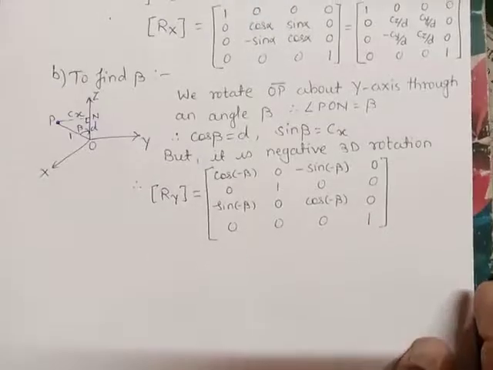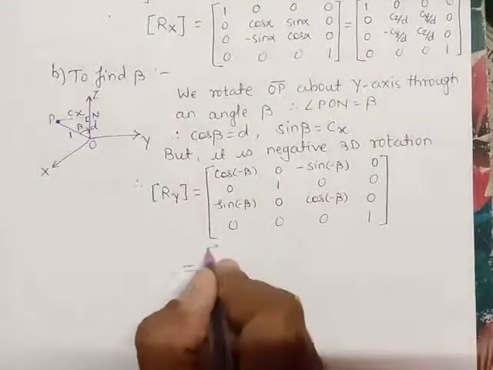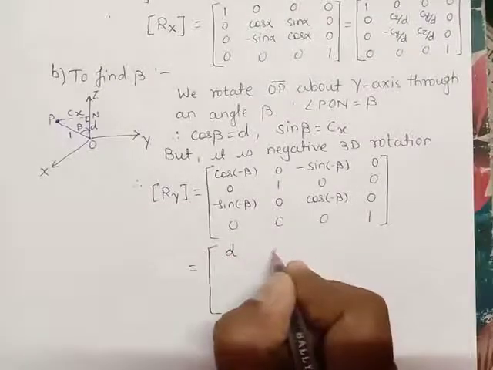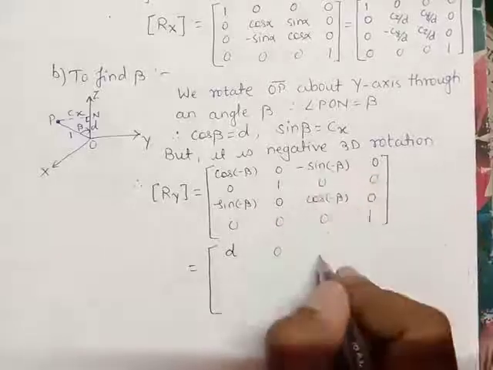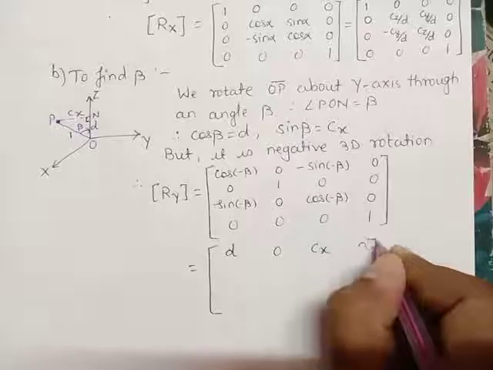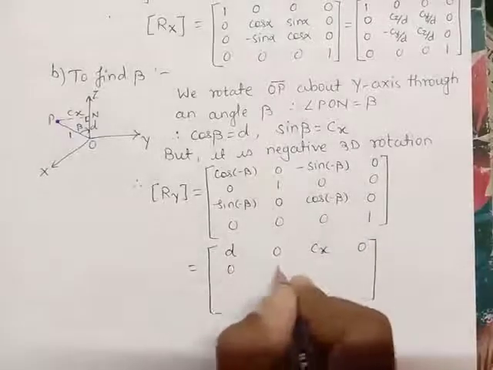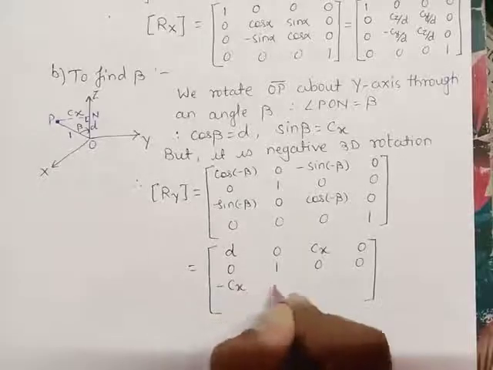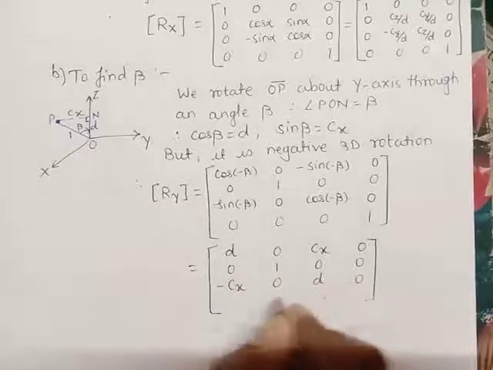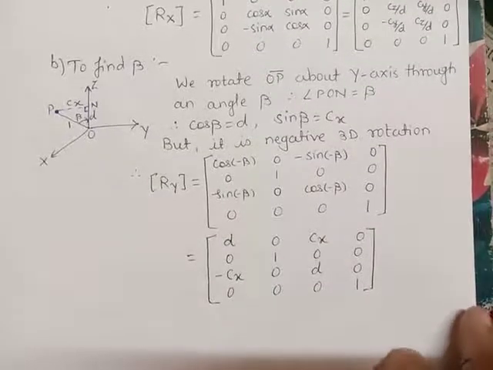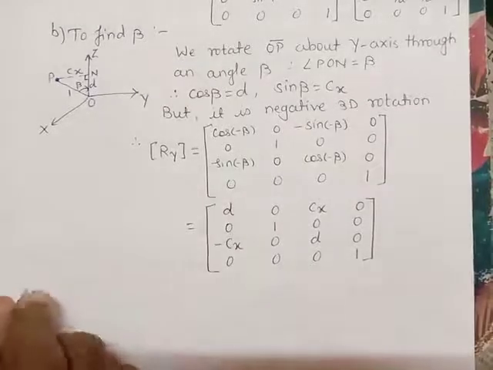And that is the same as what? It will be d 0, this minus minus becomes plus, so Cx 0. Next 0 1 0 0. Here it will be minus Cx 0 d 0, 0 0 0 1. Fine. This is a matrix of rotation.